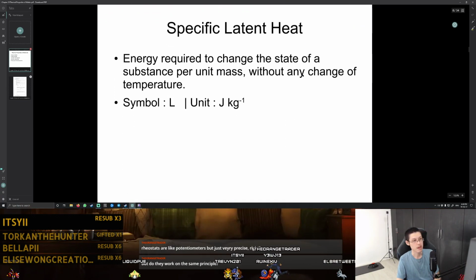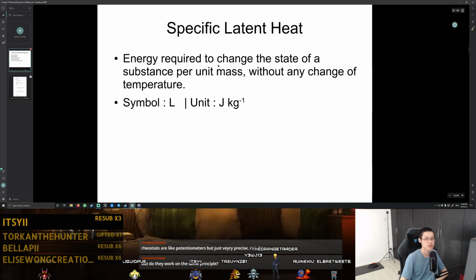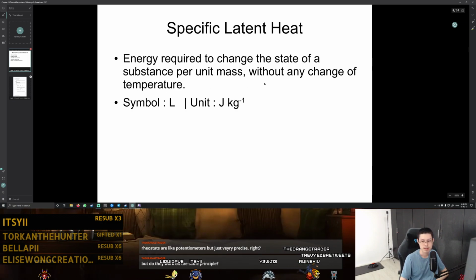Okay, next up we have the specific latent heat. So the specific latent heat is the energy required to change the state of a substance per unit mass without any change in temperature.